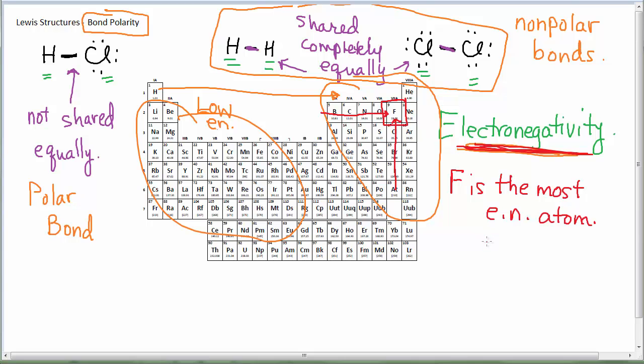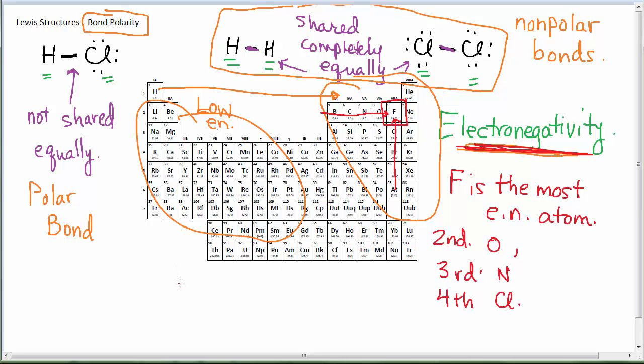It has the biggest electronegativity, which means it's going to pull electrons to itself more strongly than anyone else on the periodic table. The second most is oxygen, and the third most is nitrogen, and the fourth most, followed closely behind the third, is chlorine.